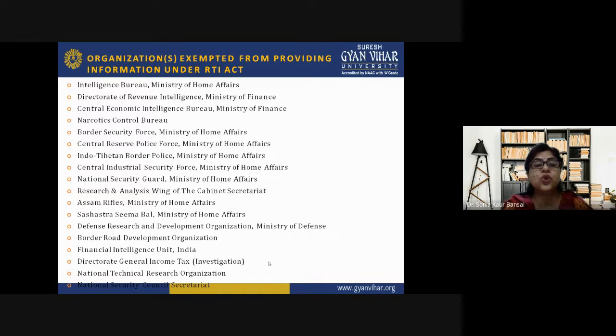So what are those exempted sections? Let's understand them. First of all, the Intelligence Bureau, Ministry of Home Affairs is free from that. So these are the organizations exempted from providing information under the RTI Act. They are not actually liable to give the information.